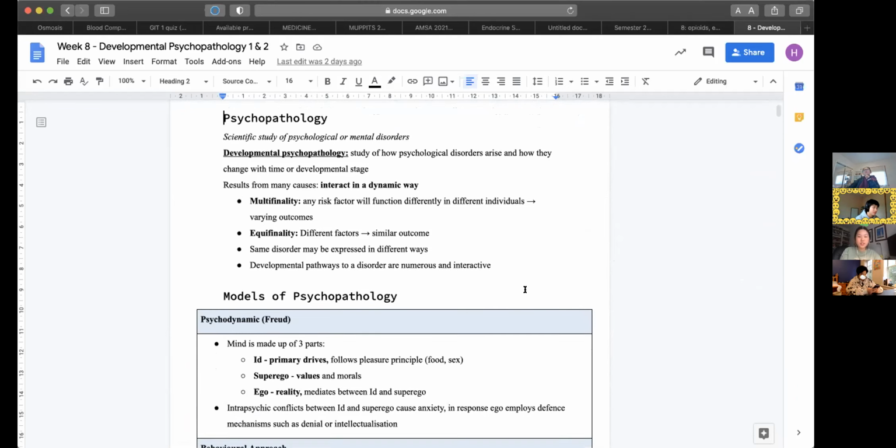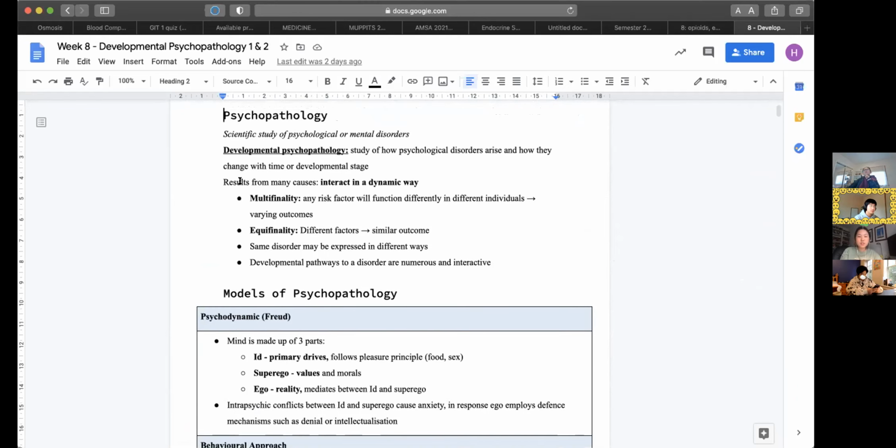Most importantly, as we've been talking about with psych in general, any developmental psychopathology is going to result from many different causes. Different factors are going to interact in a dynamic way, and that's what actually causes the psychopathology.